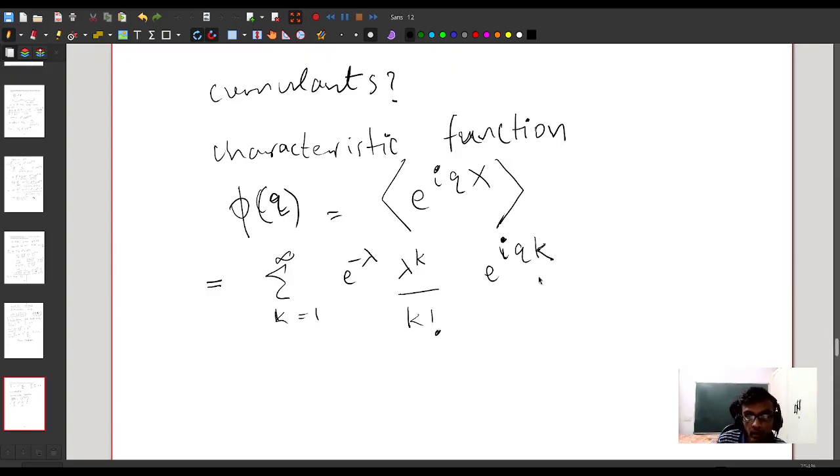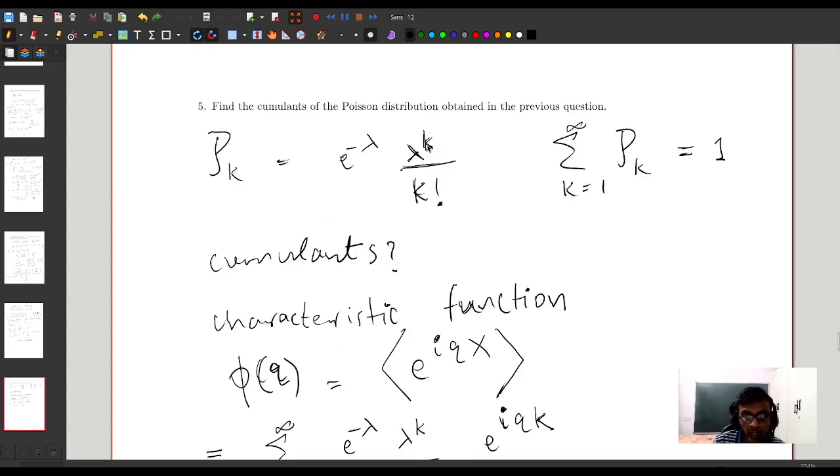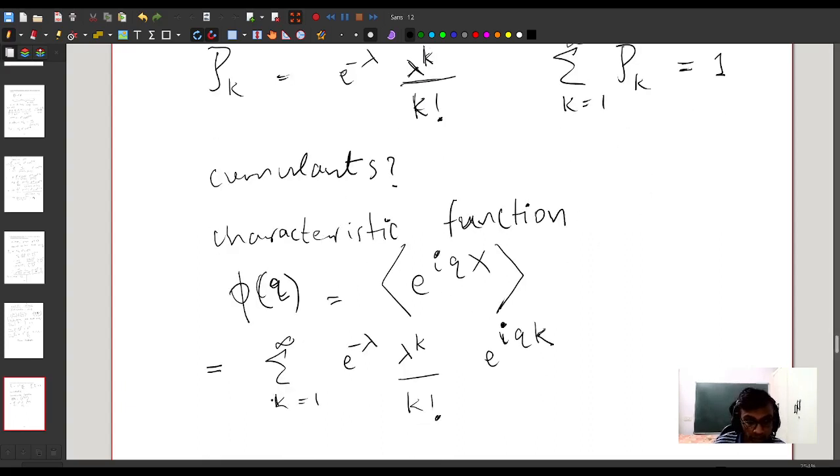The random variable x here is k. K is the index of the summation. Q is the variable of the characteristic function.